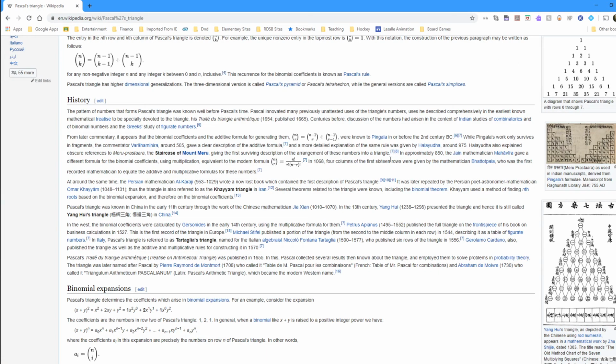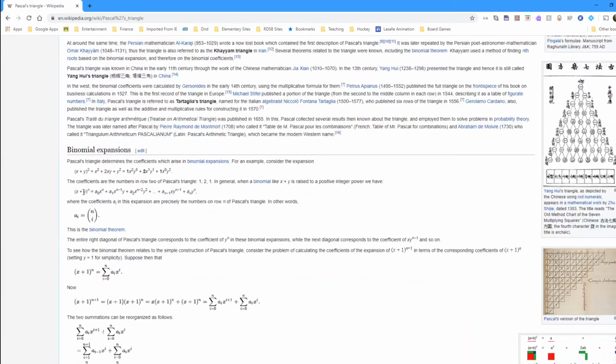So permutations and, is it combinations? Anyway, I'm forgetting this. Yeah, permutations and whatever that other word is. Thank you. So there are a lot of patterns inside of Pascal's triangle that he himself figured out, I think, beyond what some of the historical mathematicians figured out. Down here, they actually have the generalized equation of Pascal's triangle.